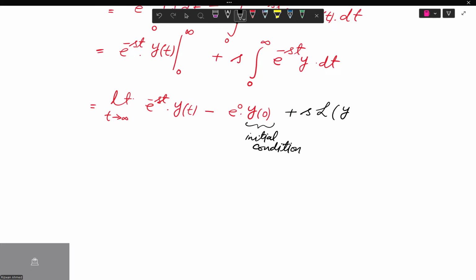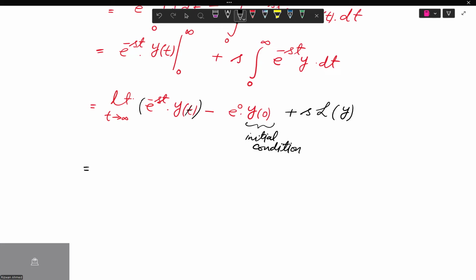Okay, plus this s is here, and then this integral is the Laplace transform of y. So we are almost done. For this limit, we can notice that y of t is considered to be a continuous function, which means it is going to have some finite value as t goes to infinity, and e raised to the power minus infinity is going to vanish this term.